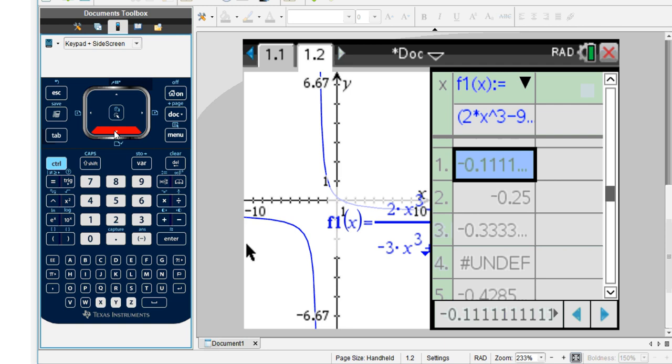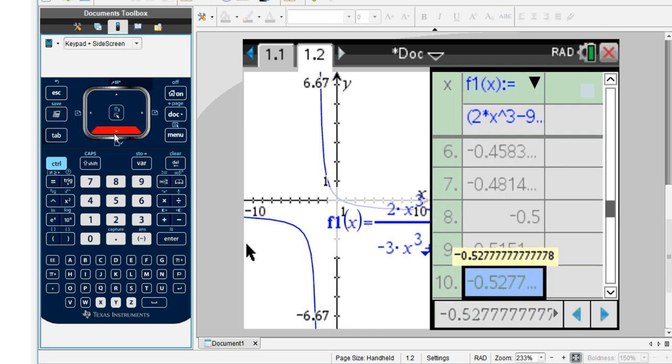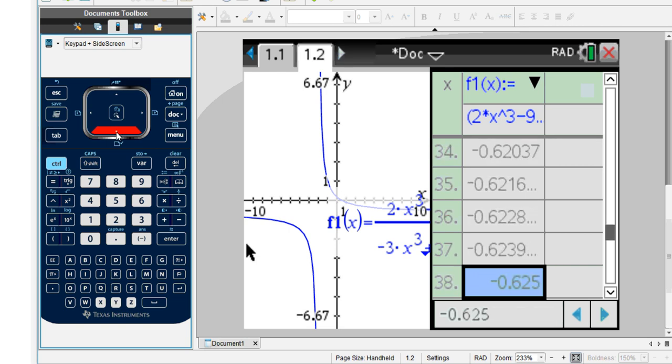And if we go to the right, we are at negative 0.64, and we're getting higher and higher as we go.